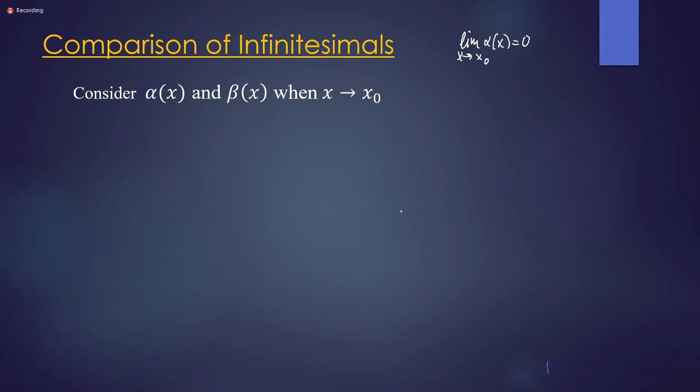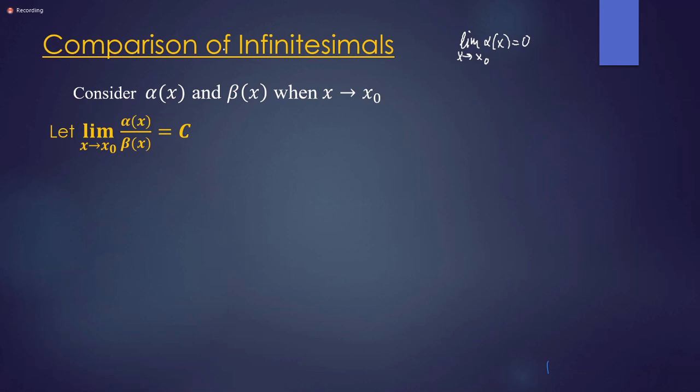Let's consider the limit of the ratio of the two infinitesimals. So we have two expressions, both of them tend to 0, but we have a ratio of those. And let's suppose that for some reason it is possible to evaluate this limit. So suppose we have the limit of the quotient of two infinitely small functions about the point x0.